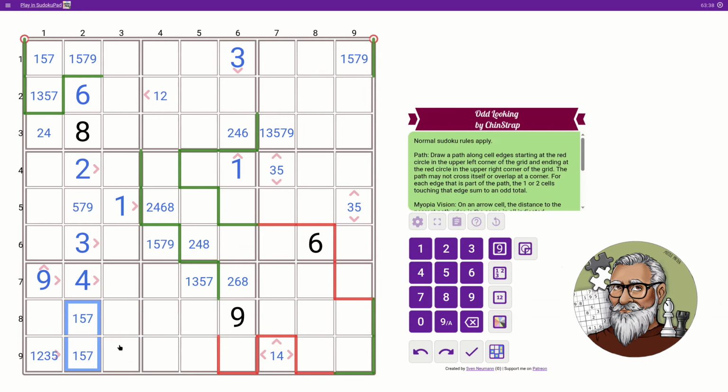Hmm. What am I missing? What am I missing? Am I still allowed an odd here? I need odd in any case, right? This goes down. I'm allowed 2 though. I still have 1 even.